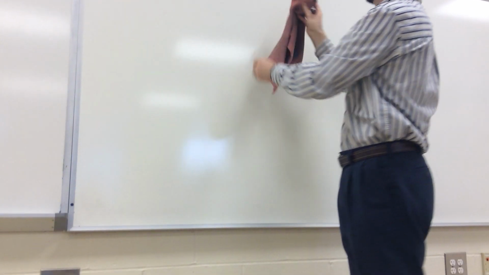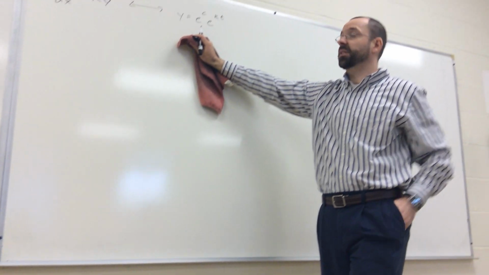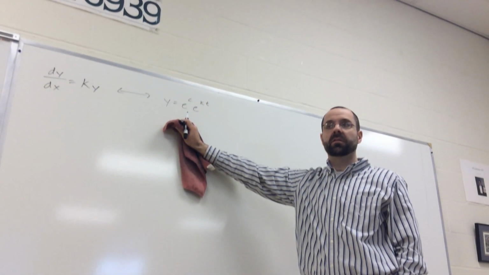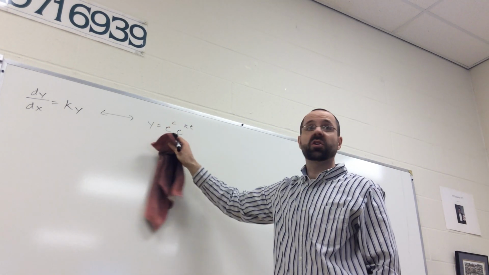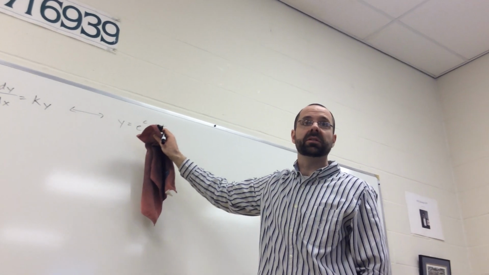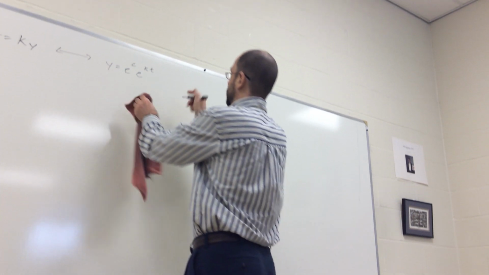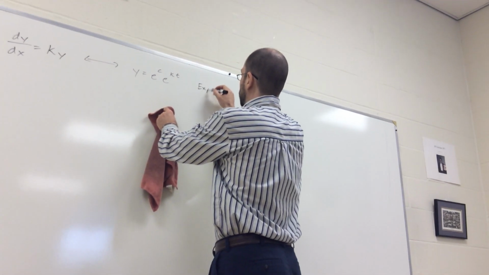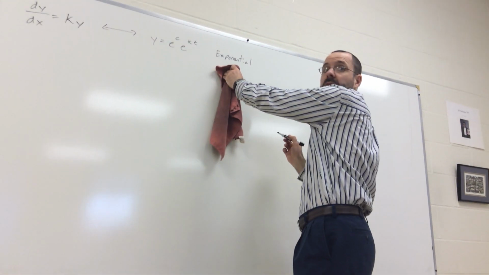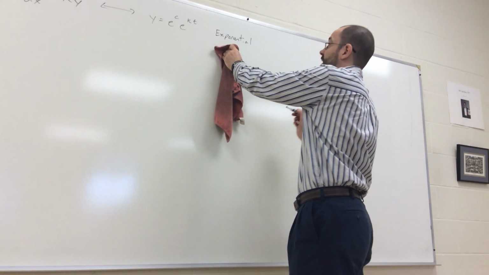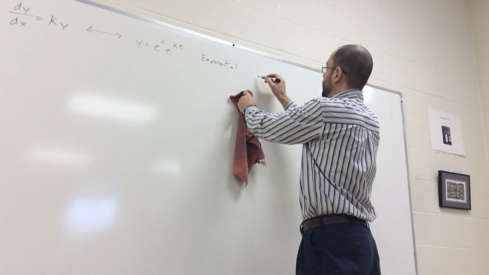It's always going to come out e to the c times e to the kt. And this kind of a graph is called an exponential graph. And when you graph an exponential, it looks like this.